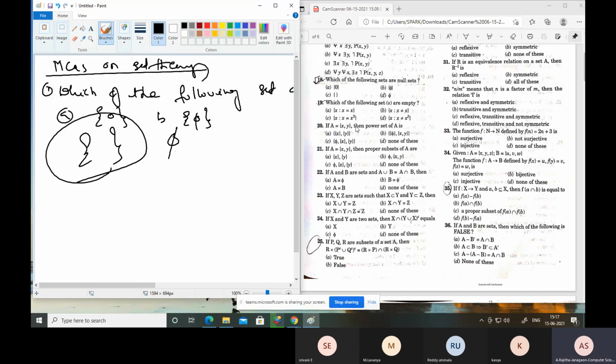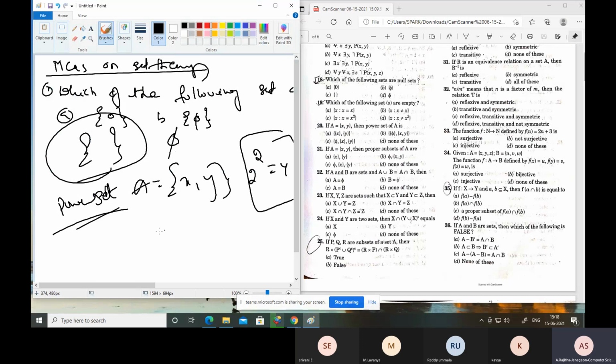And coming to this one, what is the power set? You know what the power set is. Here write the power set for this, 28th question. So power set of A equals what? Here there are only two elements. That means the power set contains 4 elements.